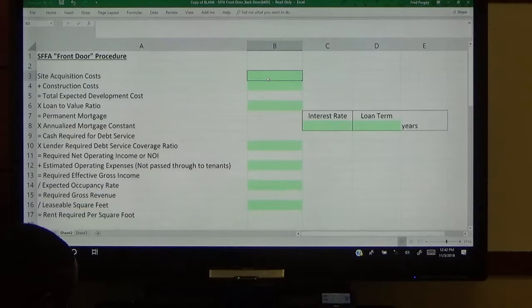The inputs that we've got are all these green cells, all right? 250,000, 750,000, loan to value 80%. We're going to talk about each of these in just a second. Let's go ahead and pop in all the given pieces of information.